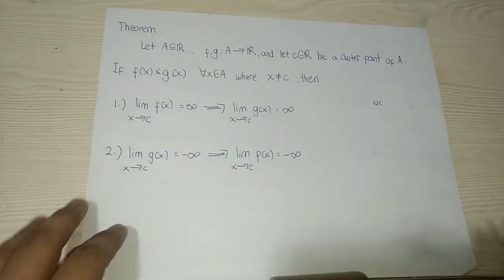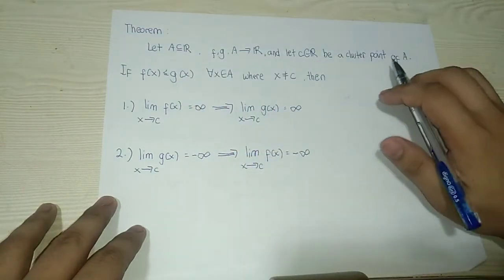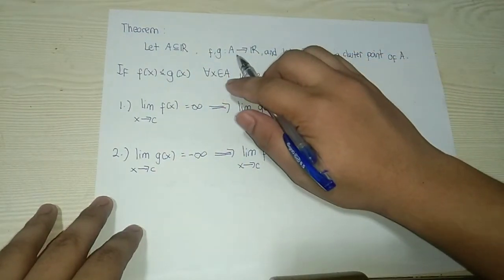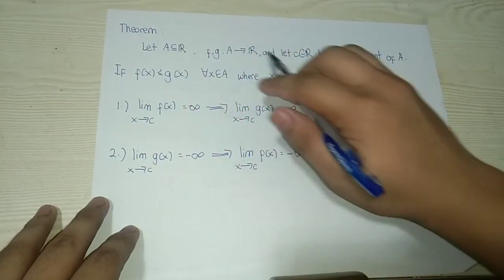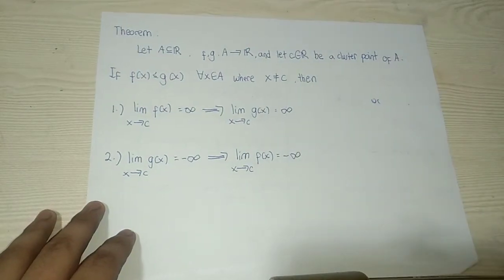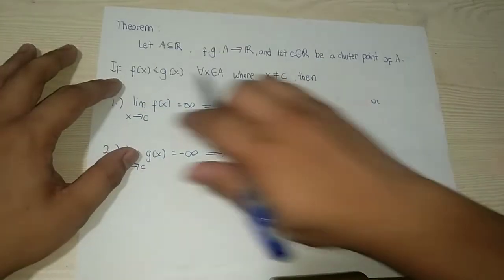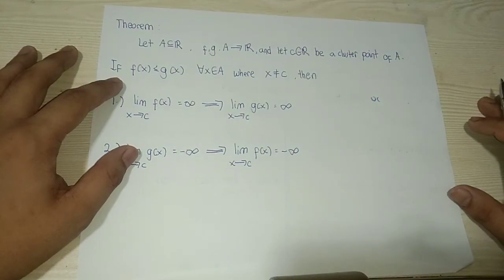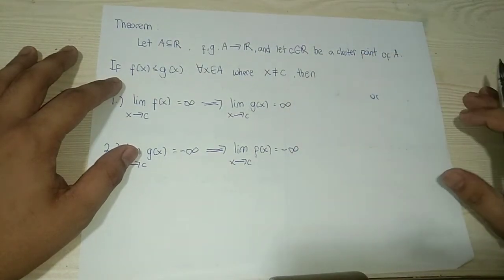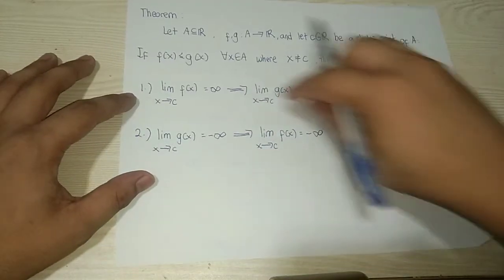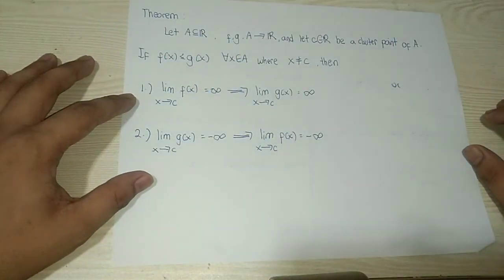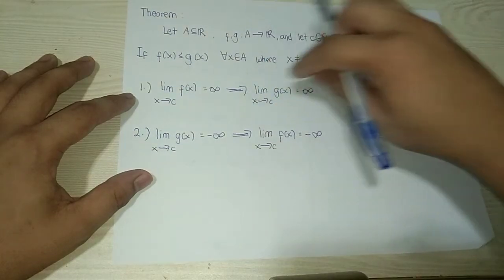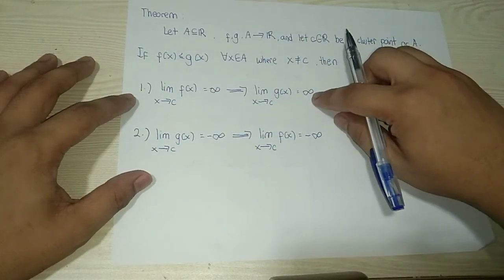Okay, so let's have a theorem. Let A be a subset of R, f, g be functions from A to R, and let c be a cluster point of A. Then, if f of x is less than or equal to g of x for all x element of A, where x must not be equal to c, then limit of f of x as x approaches c is positive infinity implies limit of g of x as x approaches c equals positive infinity.